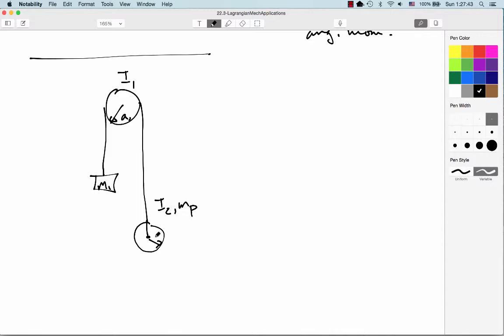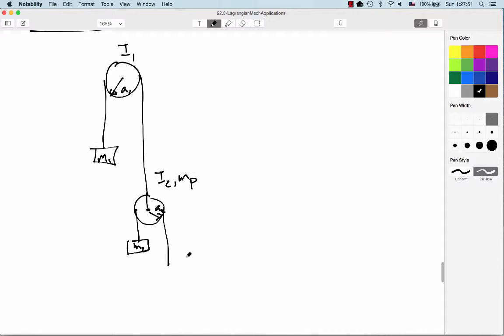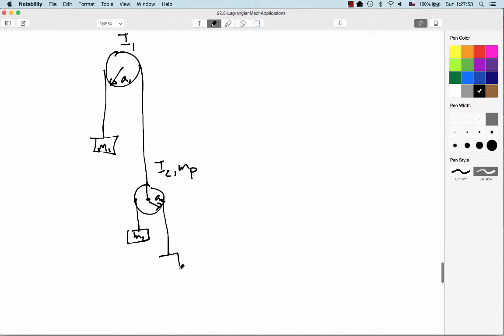Its radius is A2. Hanging off of that, a mass M2 and a mass M3. And believe it or not, we can do all of this with two generalized coordinates.